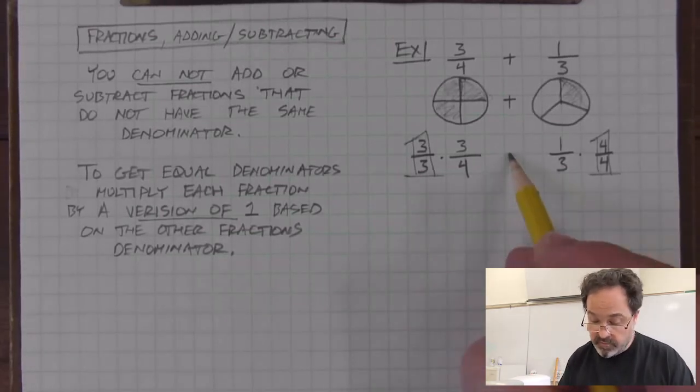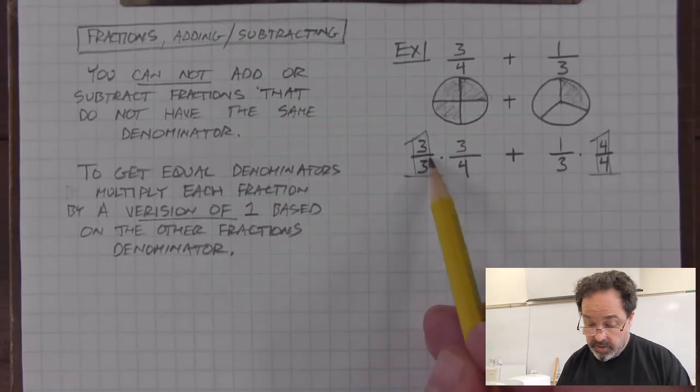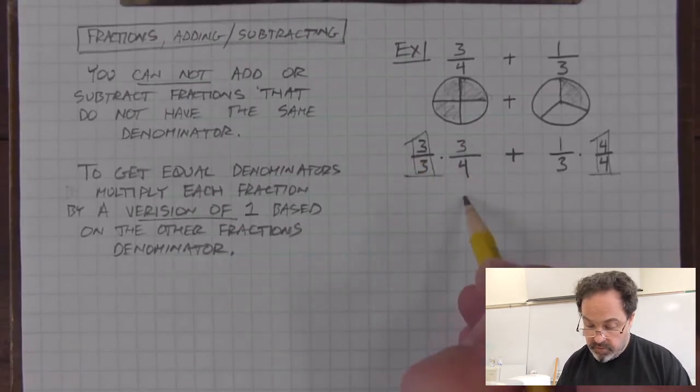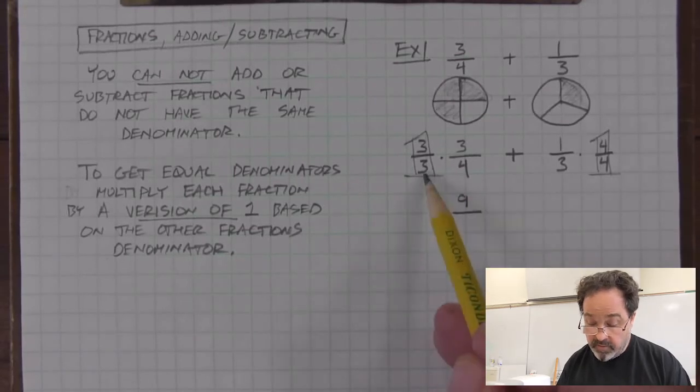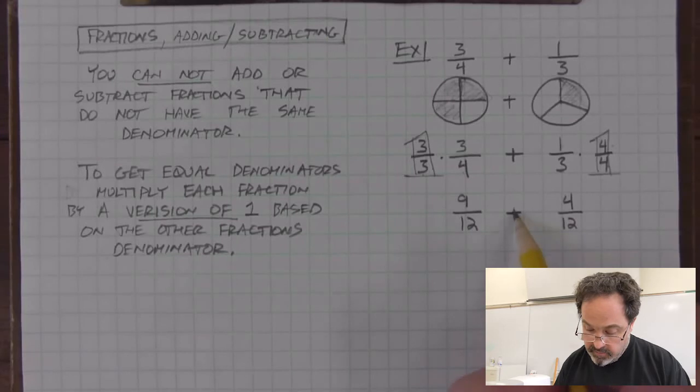Now with these choices, let's see what happens. Fraction multiplication, I multiply the numerators to get a new numerator. 3 times 3 is 9. I multiply the denominators to get a new denominator. 3 times 4 is 12. In the other fraction, I have 1 times 4 for the new numerator 4, and 3 times 4 for the new denominator 12. And I'm adding these two.